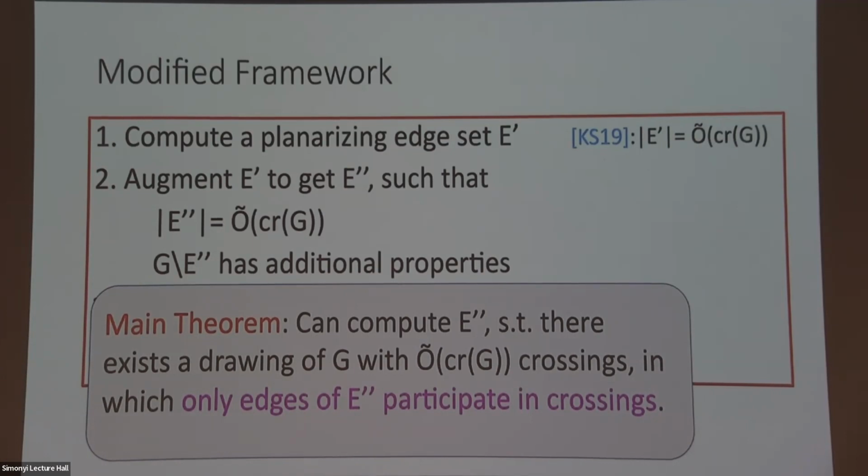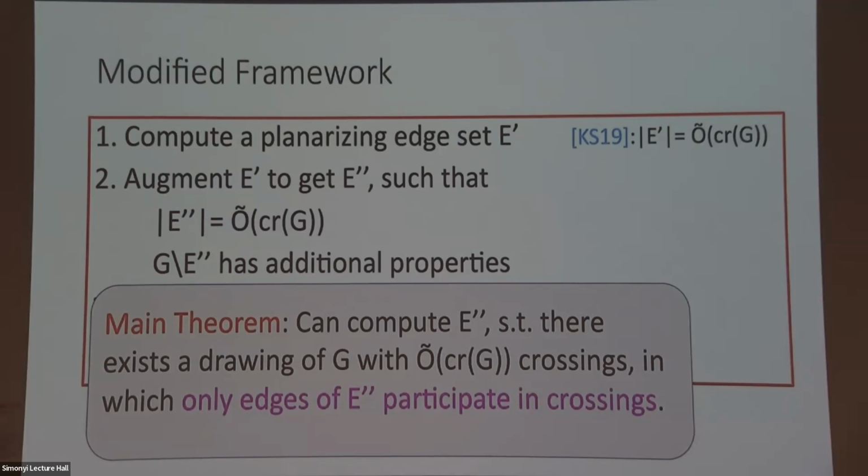Okay. So originally, what is required? We take out a set of edges, draw the remaining graph in a planar way, and add these edges back. Which means every crossing involves at least one edge in the deleted set. Because it cannot be a crossing that contains 2 edges in the remaining graph. The remaining graph is drawn in a planar way. So every crossing involves at least one edge in E prime.